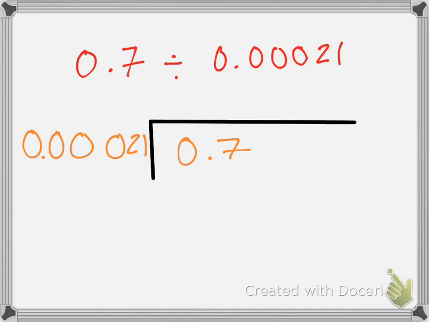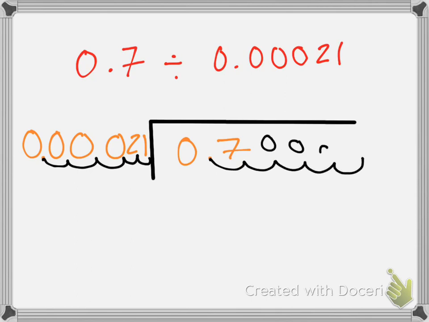And out of the house is this one. So all I do here is I have to move my decimal over. Boop, boop, boop, boop, boop. 5 times. So 1, 2, 3, 4, 5. And now I'm left with 70,000, and on the outside, divided by 21.